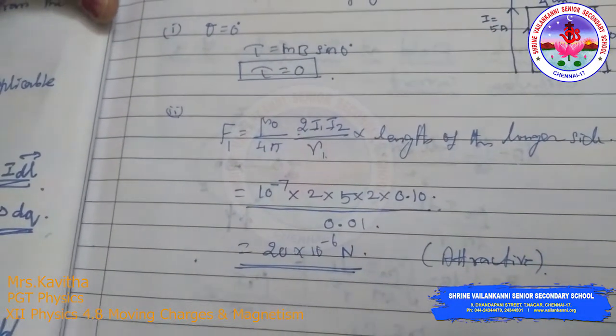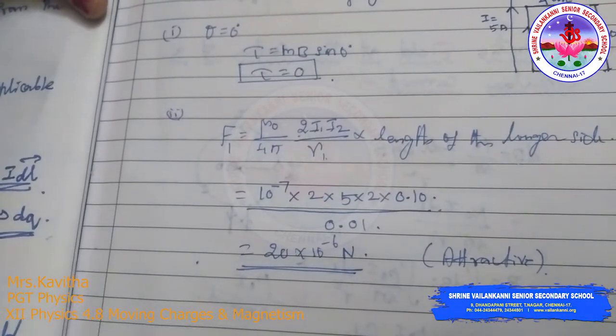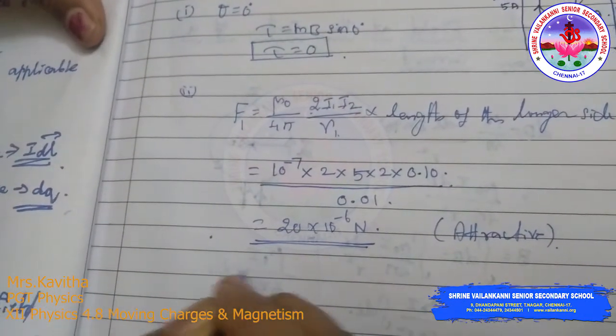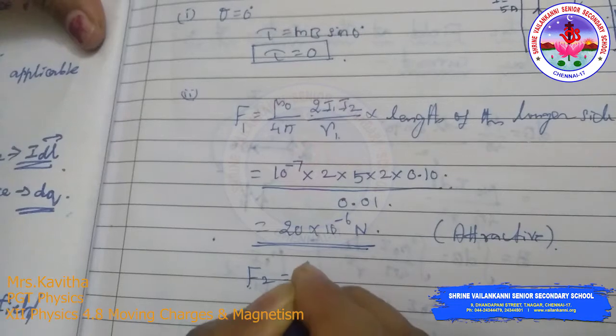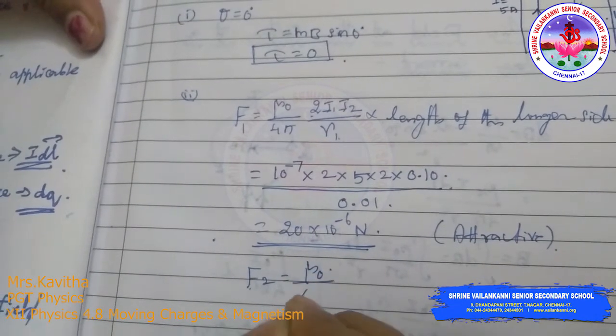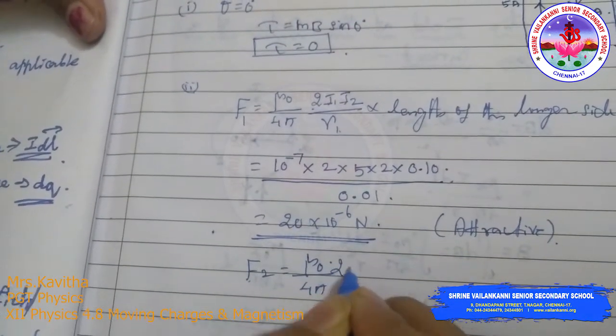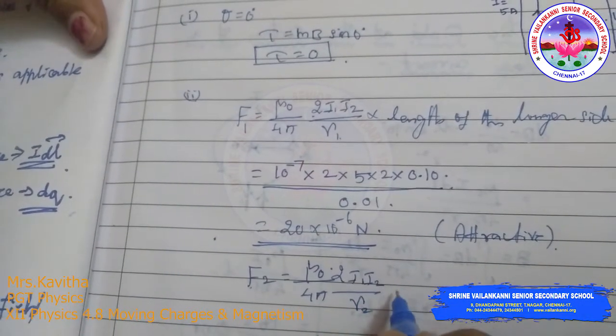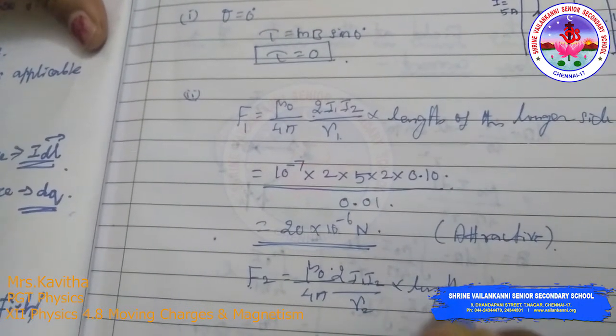For the repulsive force, the further longer side of the loop we have to take, that is F2, which is equal to mu naught by 4 pi, 2 into I1 I2 and R2, and also the length.